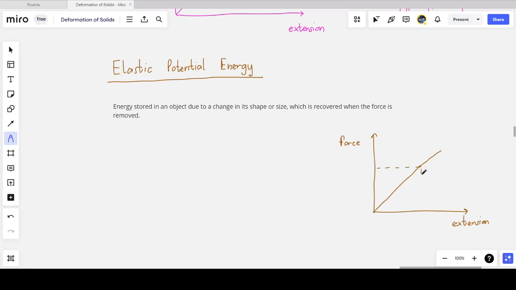So when I want to talk about the work done on the spring, I'm going to have to talk about something very specific. The work done in compressing the spring, or extending the spring in this case, is the potential energy that is going to be stored in the spring if I extend it or compress it. And this will be the average force.